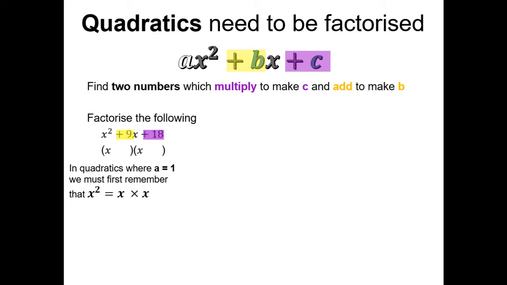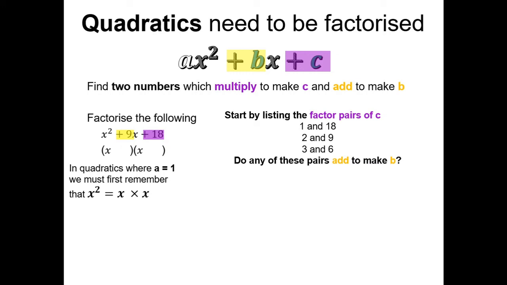So start with the factors. So my factors of c, my factors of 18, could be 1 and 18, or 2 and 9, 3 and 6, and I think that's it. So do any of those pairs add to make b? Do any of those pairs add to make 9? 1 and 18 is 19, 2 and 9 is 11, 3 and 6, that makes 9.